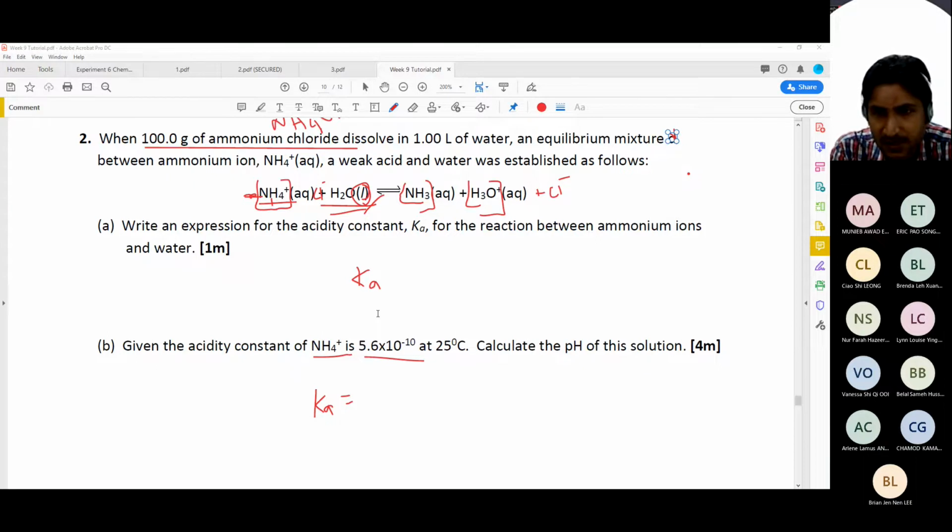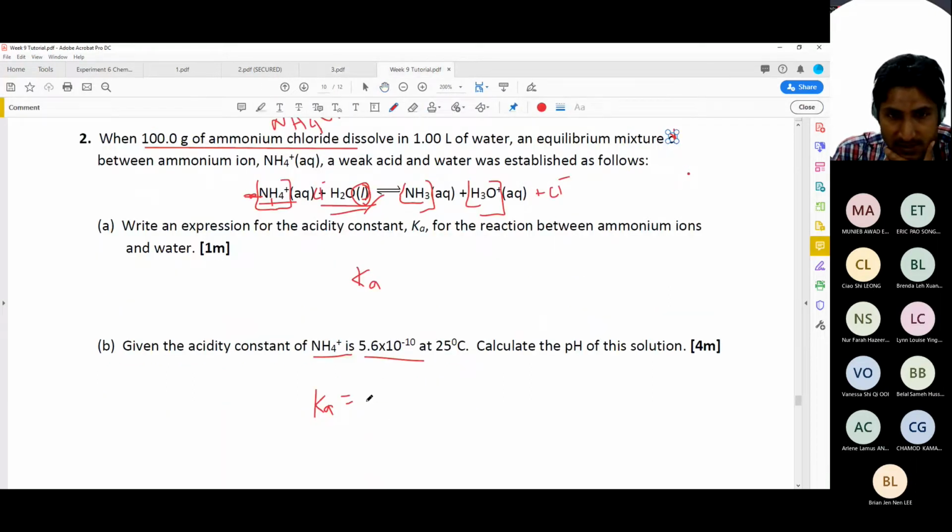The acidity constant is given when the ammonium ion is dissolved in water, producing this concentration.